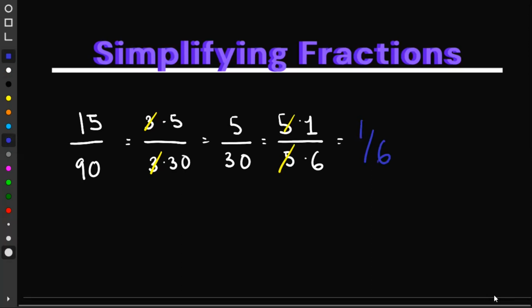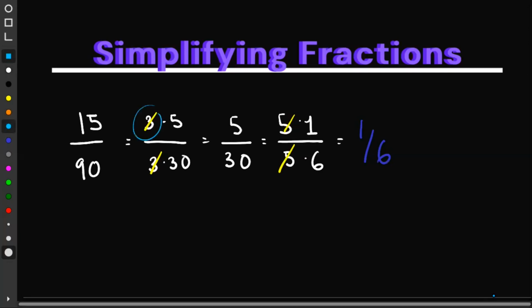So like in this example, I could actually quickly divide this whole by 15, but it is hard to see at first that 90 is divisible by 15. So I prefer to trim down the numbers gradually by removing a common factor, like in this case, starting with 3, then with 5 afterwards.